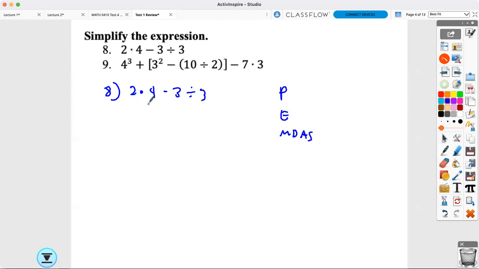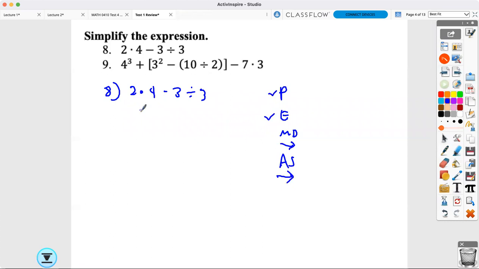So look at number 8. I wrote PEMDAS, but I wanted to write it like a checklist, right? So P, there's no parentheses, so we're done with P. There's no exponent, so we're done. Do we see multiplication or division? Yeah, we go from which way to which way? From left to what?